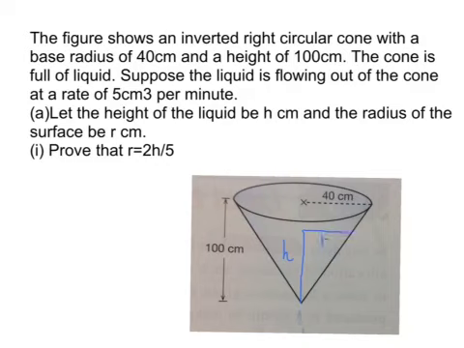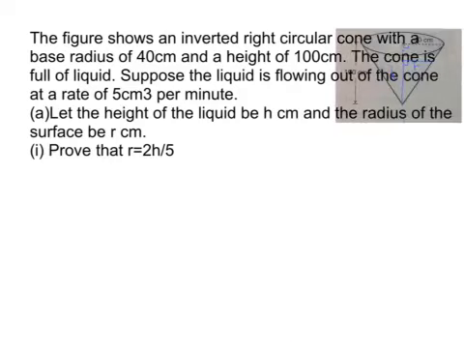Okay, so as you can see, this is basically a similar triangle. Okay, so due to similar triangles, okay, we have R over H, okay, equals to 40 over 100, right?